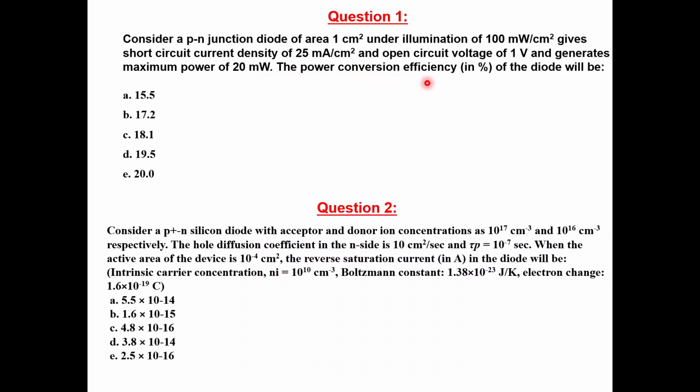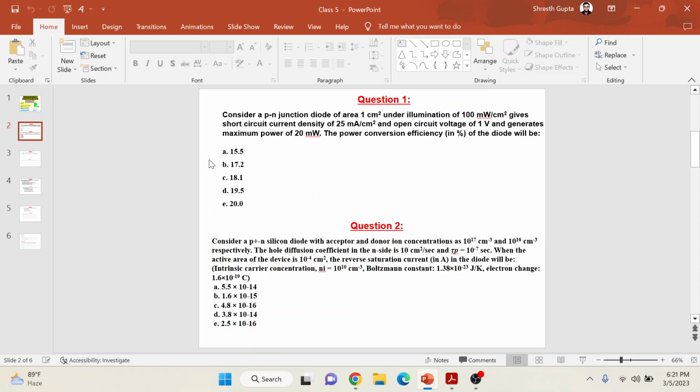The power conversion efficiency in percentage of the diode will be: the options are 15.5, 17.2, 18.1, 19.5 and 20.0. You can give a try, Melee, if you want. I can give you 2-3 minutes. It's a direct formula based question, so you can give a try, and if not, then I'll tell you the solution.